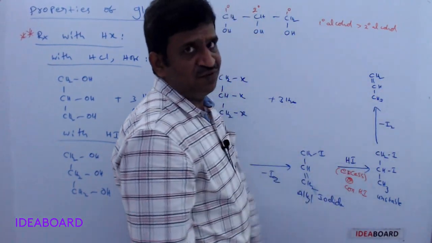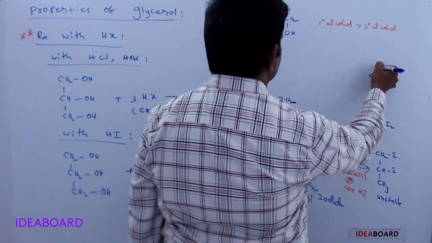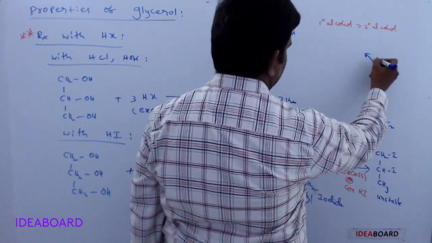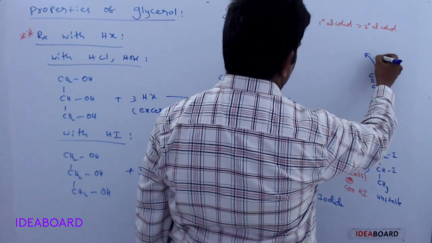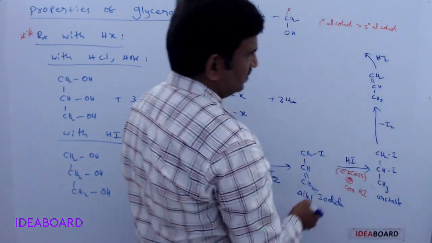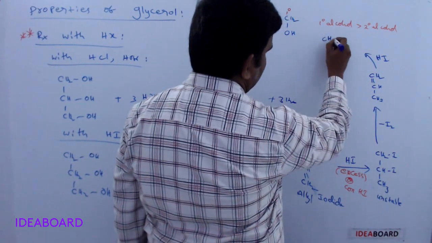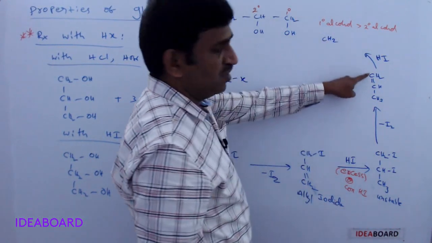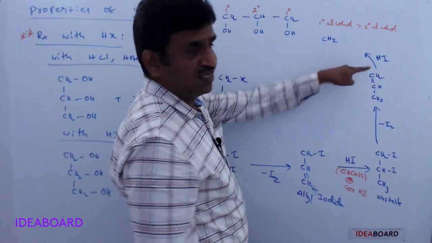So propene is formed. Then this reacts with another HI, the excess of HI. Then the product formed is CH2, and as per the Markovnikov rule the addition occurs: iodine is added here, H is added here.